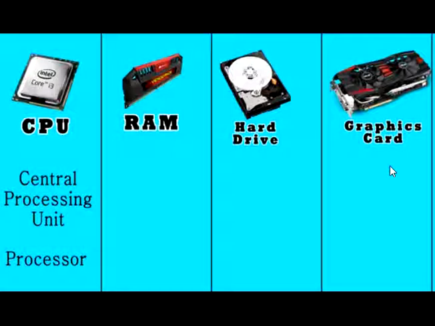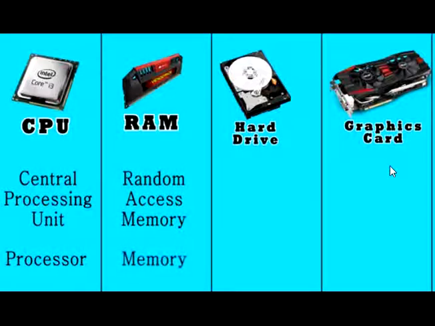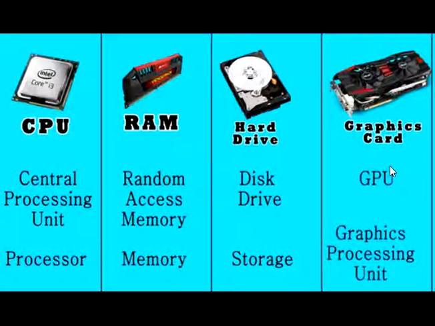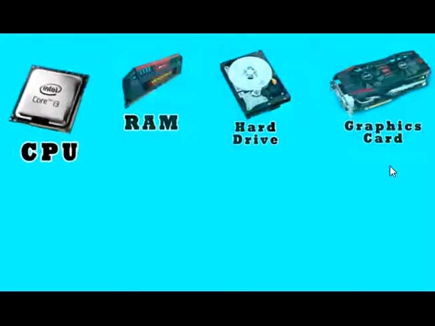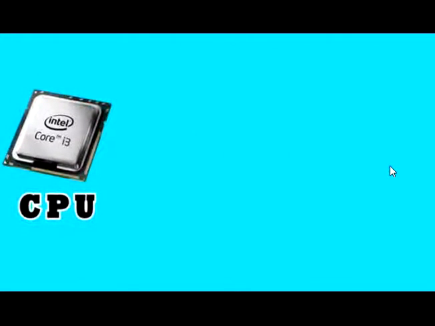RAM stands for random access memory, and we often simply call it the memory. Third is the hard drive, which we can call the disk drive or storage. The graphics card is also called the GPU, that is, graphics processing unit.